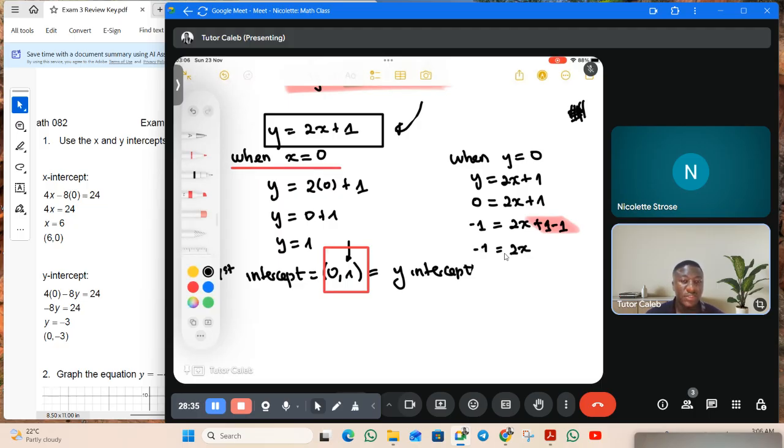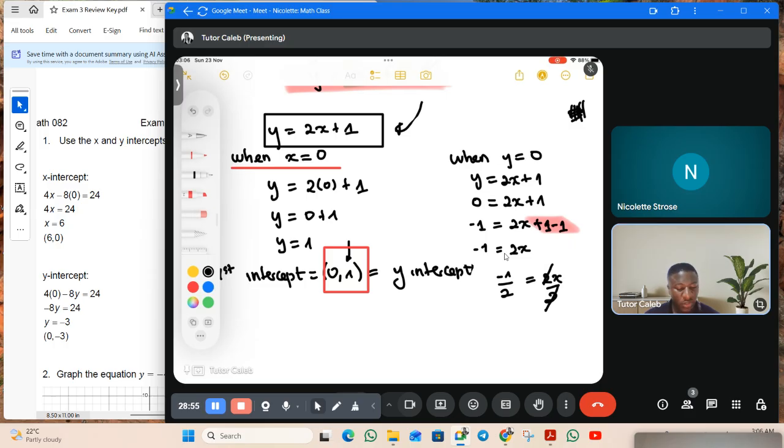Then you can divide both sides of the equation by 2. You have minus 1 divided by 2 equals 2x divided by 2. 2 will cancel with 2. And you have minus half equals x.